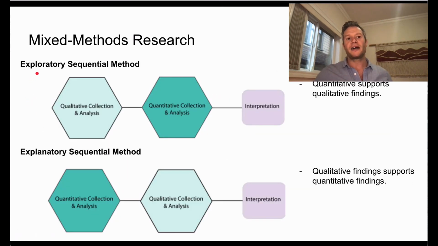So initially we have an exploratory sequential model, and really what that is is you take your qualitative data, so again your words, whatever they are, and then you find some sort of quantitative numbers to back it up, and you interpret. So for example, if I was doing some market research and I wanted to find out what shoppers' experiences were at a store, I could ask, how was your experience today in shopping?